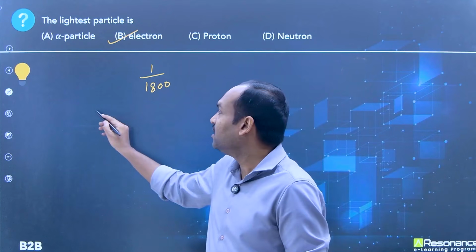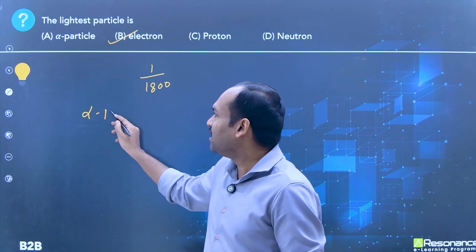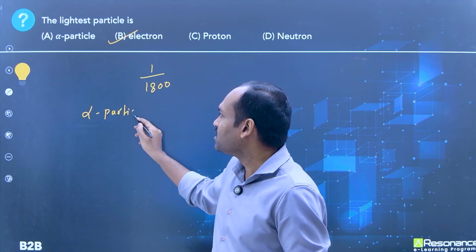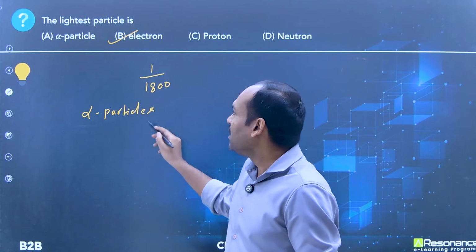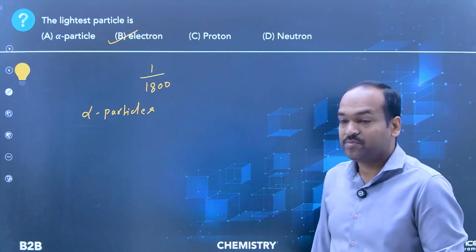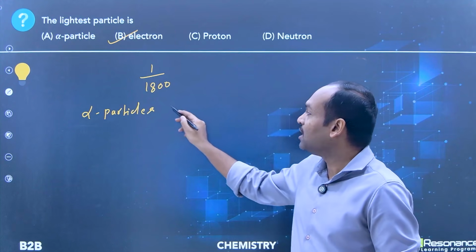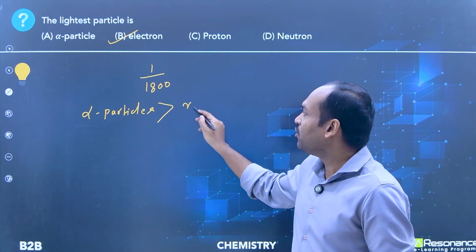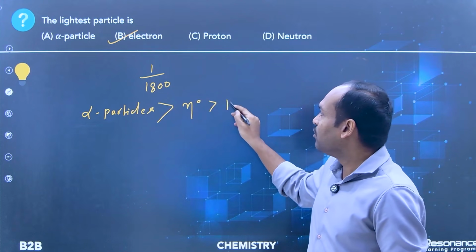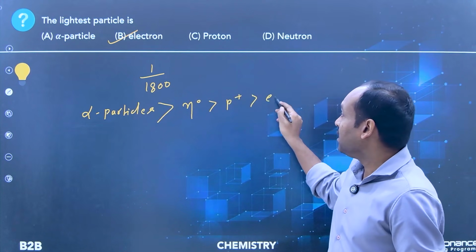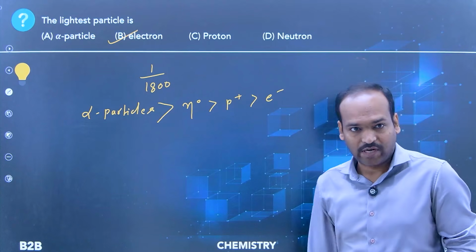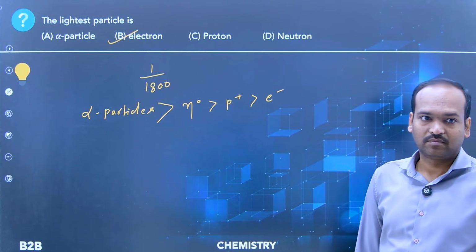So alpha particle has a mass 4 times that of proton or neutron. So alpha particle, then we'll go for neutron, then proton, and electron mass is negligible with respect to the others.